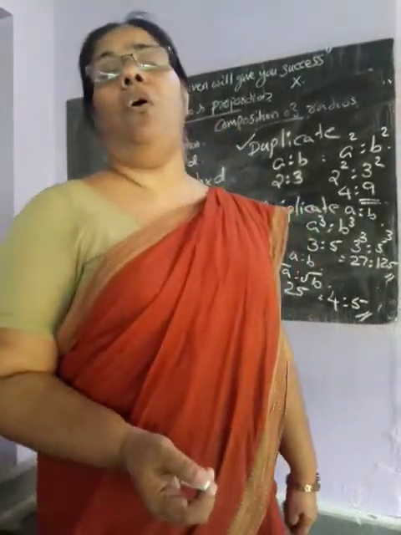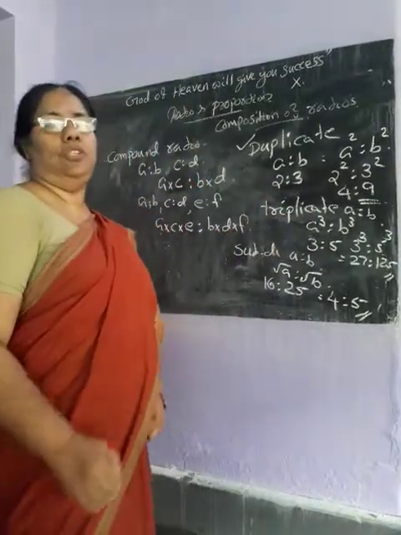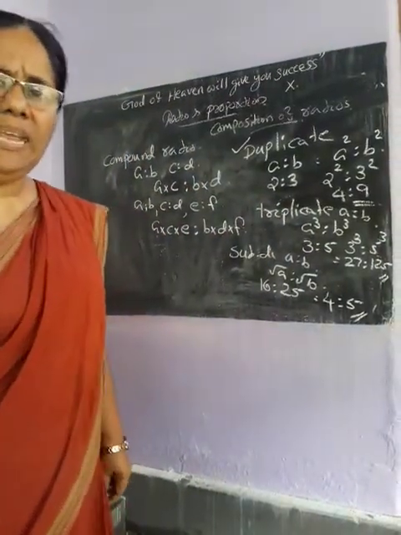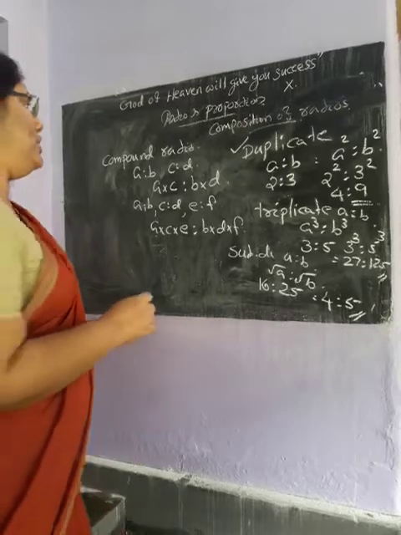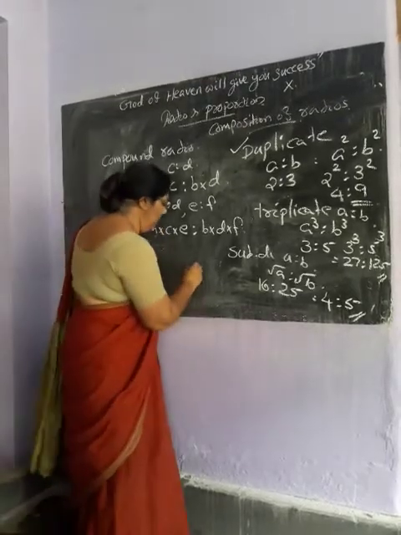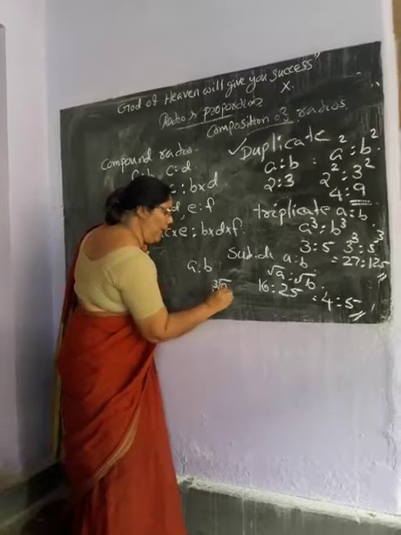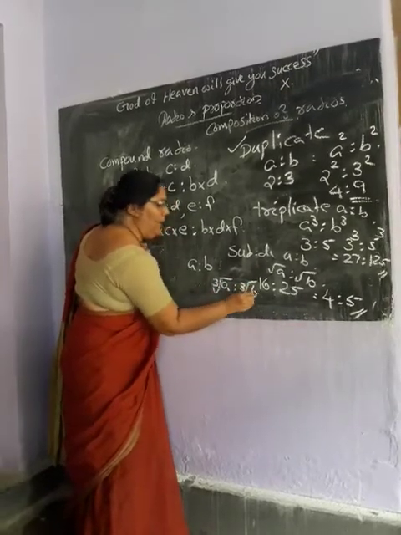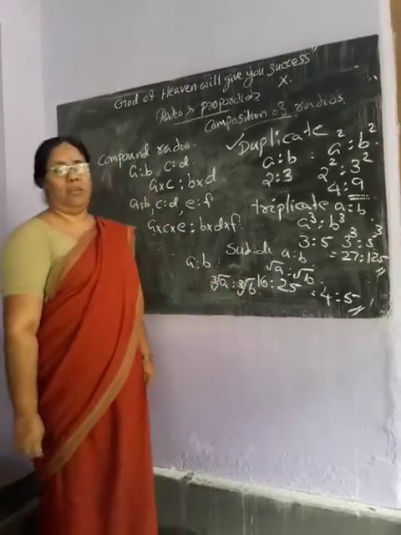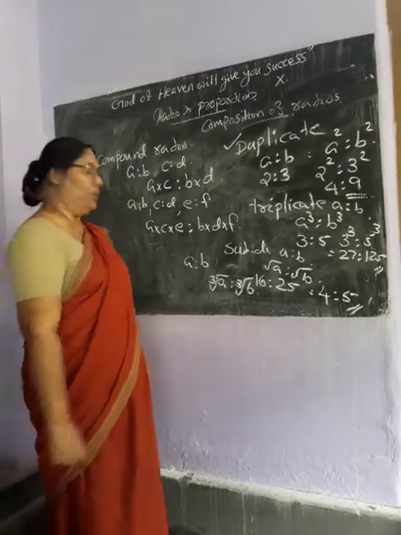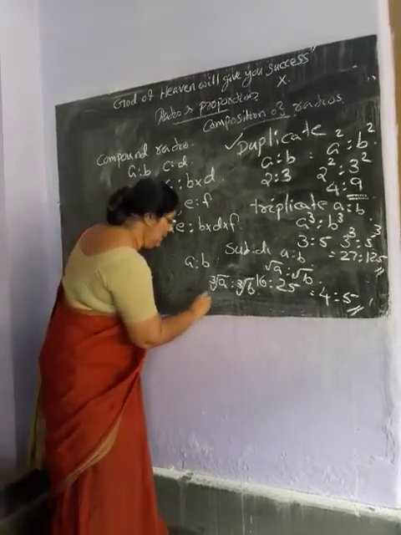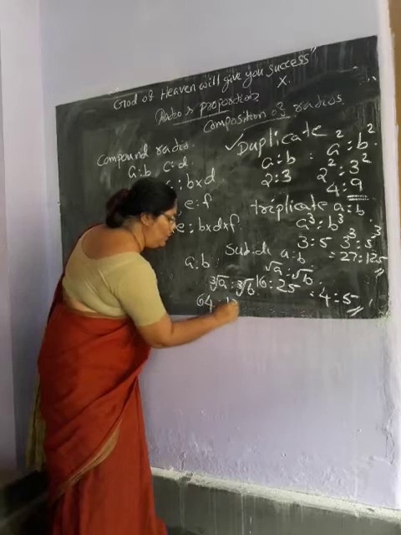Then one more: subtriplicate ratio. Subtriplicate ratio of A is to B means cube root of A is to cube root of B. Subtriplicate ratio means taking the cube root. For example, 64 is to 125.